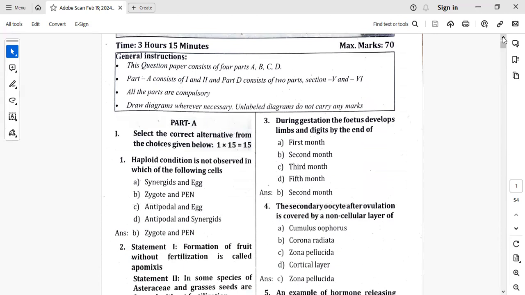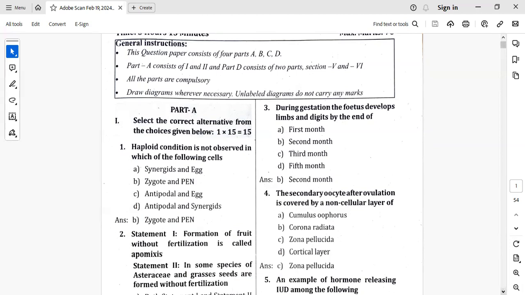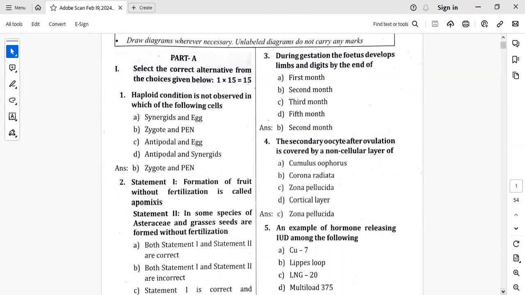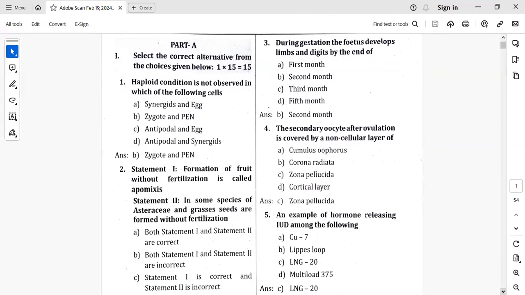During gestation, the fetus develops limbs and digits by the end of the second month. This usually happens during the first trimester. Moving on to the next: the secondary oocyte after ovulation is covered by a non-cellular layer of?